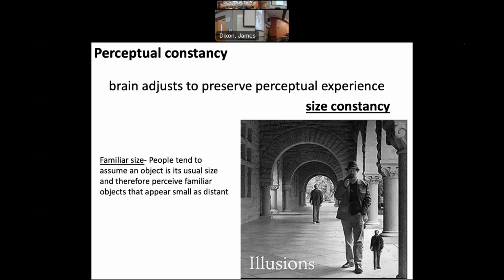So how do you know about size? Why do you keep it constant? Why do you not say that the person is shrinking and growing? Well, because that's not how the world is. But that's not a very good answer if you're trying to explain how perception works. So these constancies are a bit of a mystery and are really hard to solve from first principles.